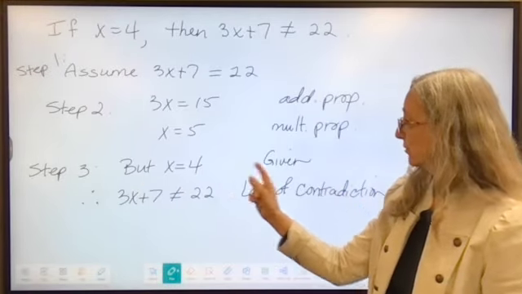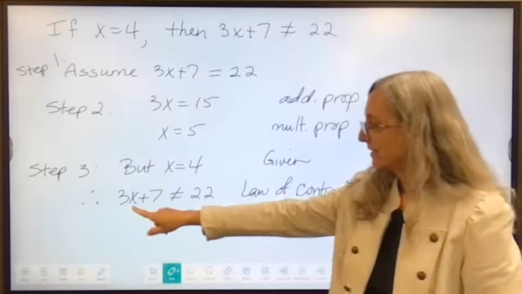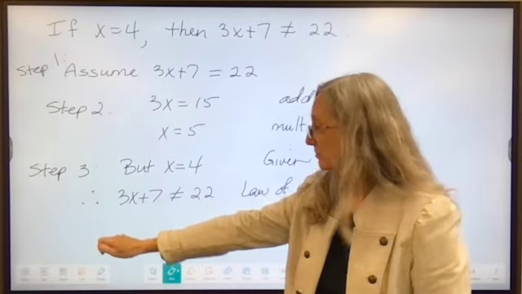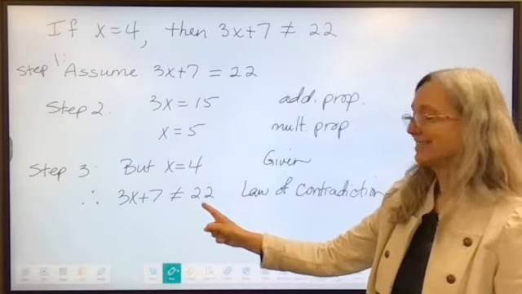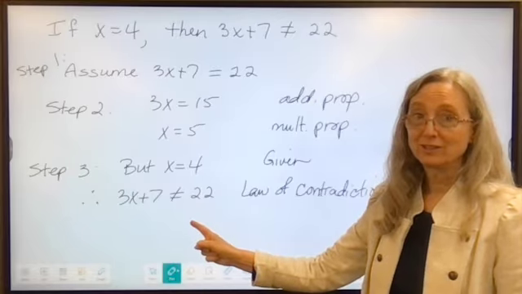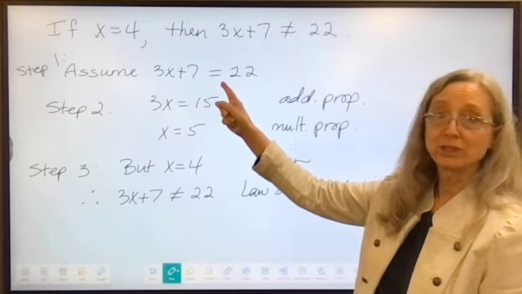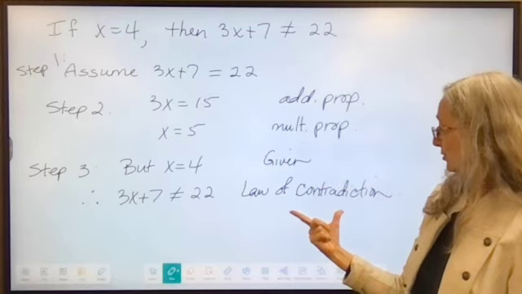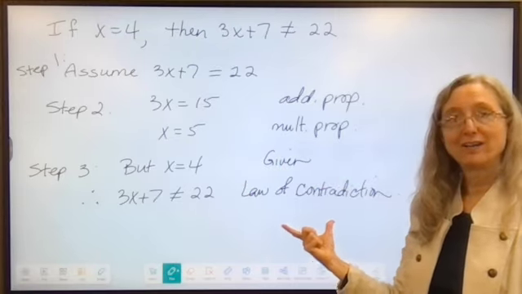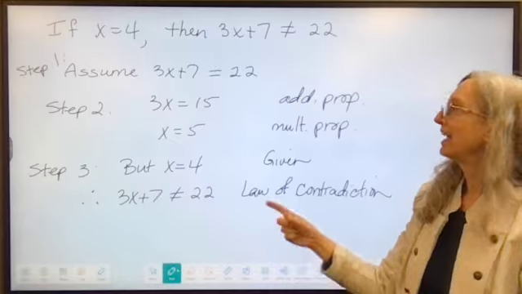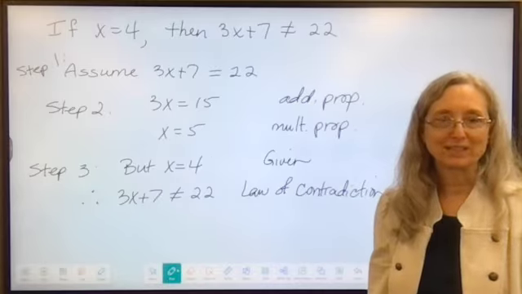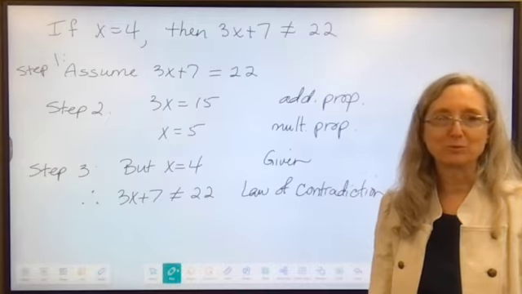But x equals 4, because that was given, therefore, that's our therefore symbol, 3x plus 7 does not equal 22, because if it equaled 22, there was a big contradiction. So that is the law of contradiction. And I have proved it indirectly. That's how an indirect proof works.